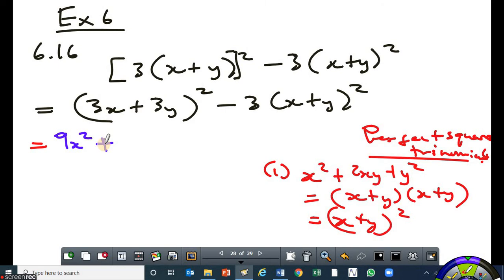Right? In between here, you see that we have got the 2xy. So all you have to do is find the product of the two terms in the binomial. So 3x times 3y gives you what? 3x times 3y? 9xy. That product multiplied by 2, you get 18xy.